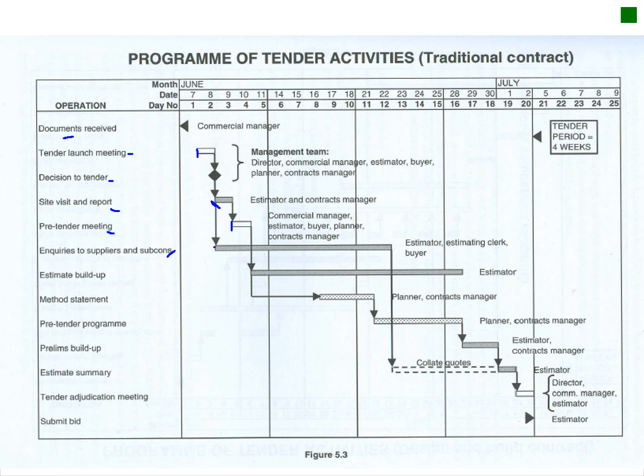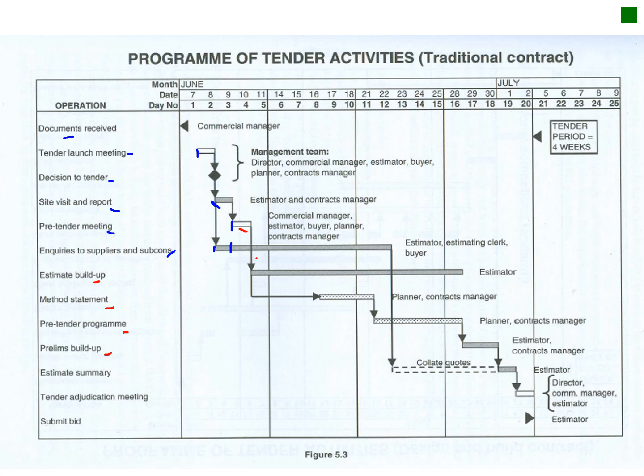Why this can start early here already. You can start asking your suppliers whether they can actually help you on this tender document. So you might establish your crucial subcontractors, whether they can get involved, because it will influence your decision whether you're going to tender or not. Okay, then you've got your rate build-ups as your information comes in. You've got your method statements that are produced as you go along, and your pre-tender program is developed.